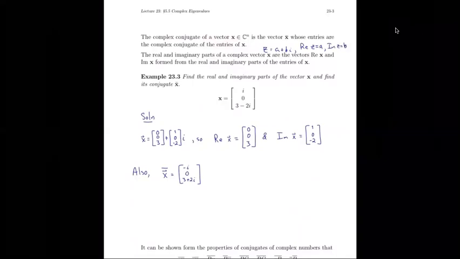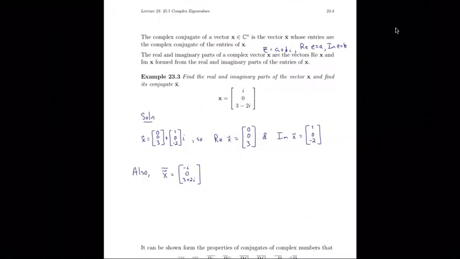No surprise there. You just take b without the i next to it. We just pull the real number out of each position. And that's what we mean by the imaginary and the real part of a complex number. For a vector, we just do this for all entries in the vector. Okay, we'll see an example of this down below.